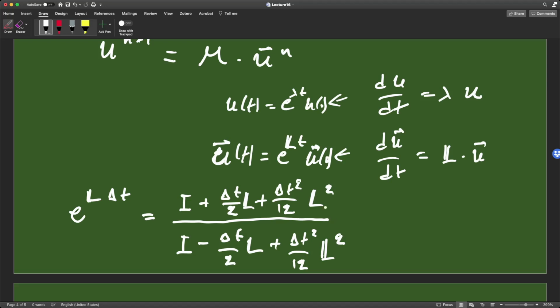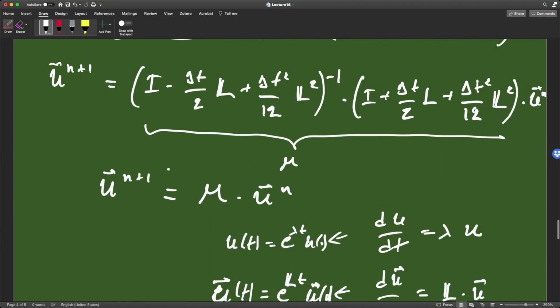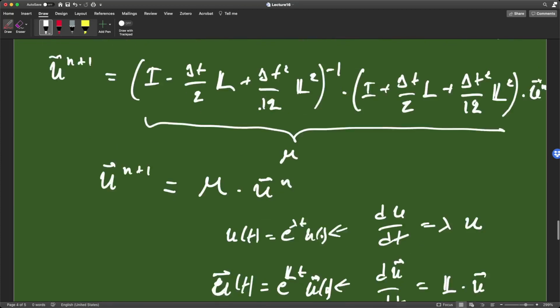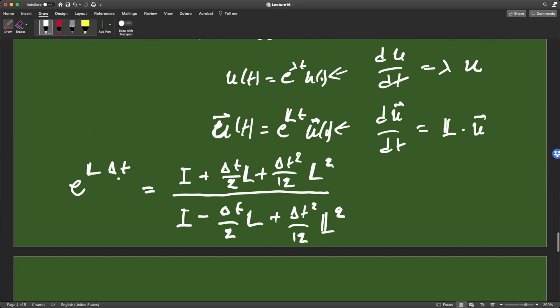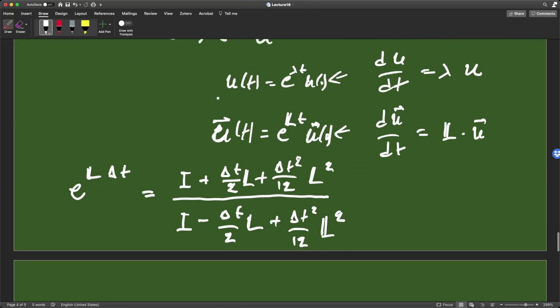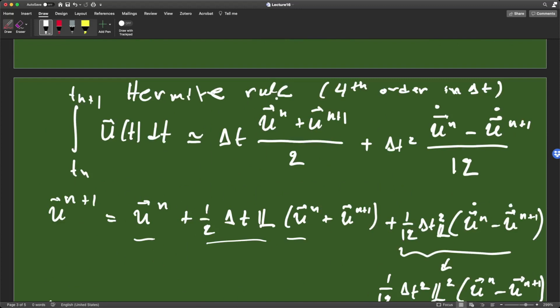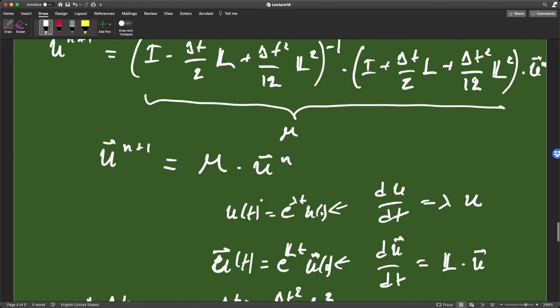So we see that the result that we get using the Hermite rule is equivalent to what we could get using a Padé method, expanding the exponential using Padé approximant. However, I have to say that the Hermite method is more flexible, because if you try and solve a nonlinear equation, then you can no longer apply this.